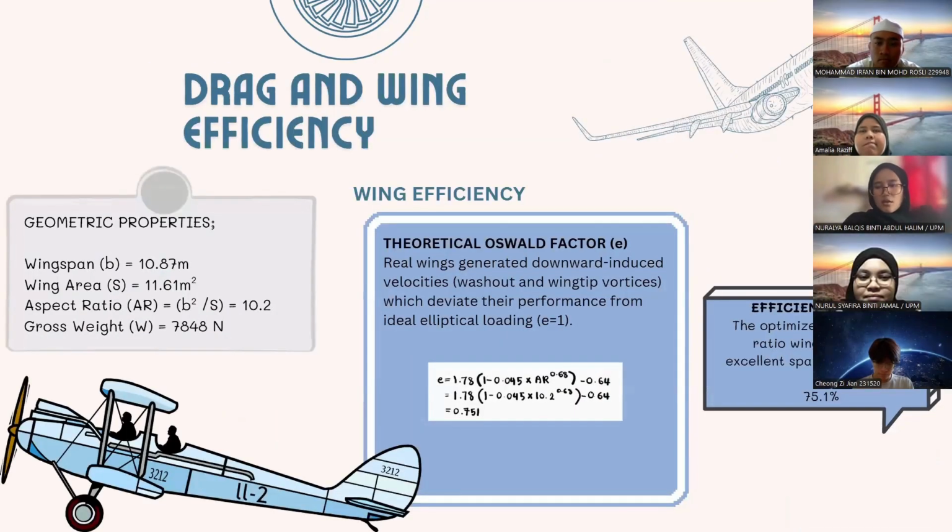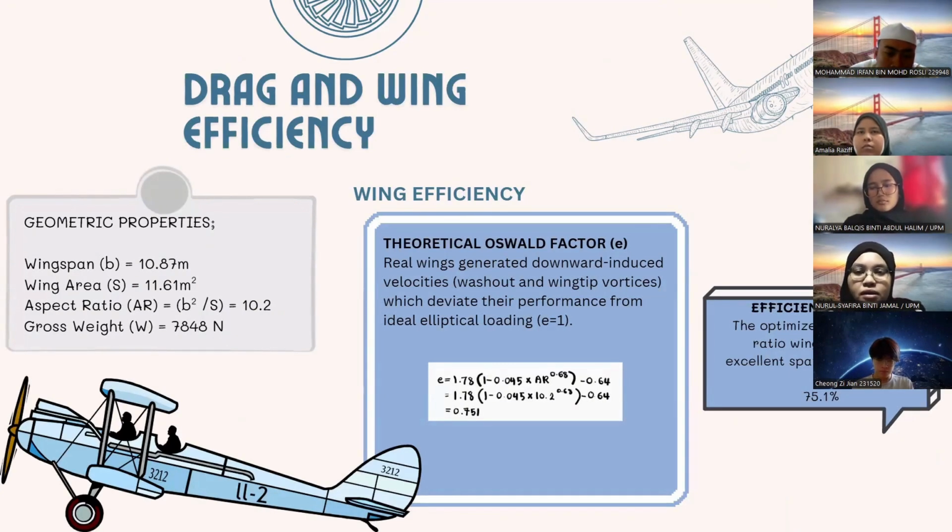My name is SYAFIRA with matrix number 280. Now we will talk about the drag and wing efficiency. For our two-passenger sport aircraft design, the geometry has a wingspan of 10.7 meters and a wing area of 11.1 square meters, using a high aspect ratio of 10.2.